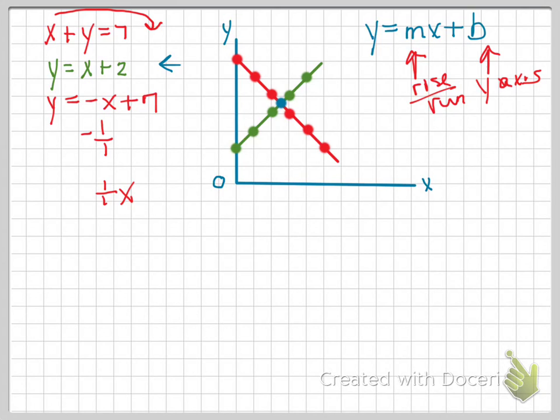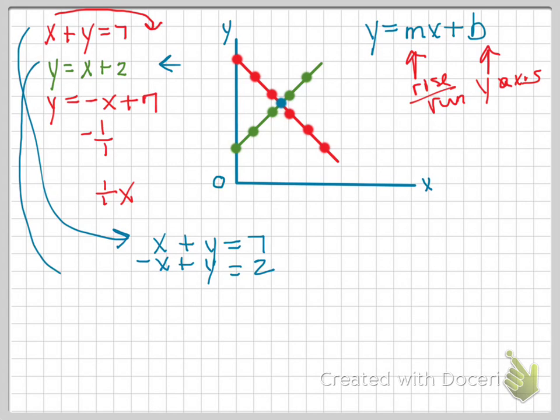So the next step would be to find the x and y coordinate. We know we can do that mathematically by setting up our x's and y's together. I've just taken the first equation and brought it down, and I've taken the second equation and moved it over so we can have it all together.